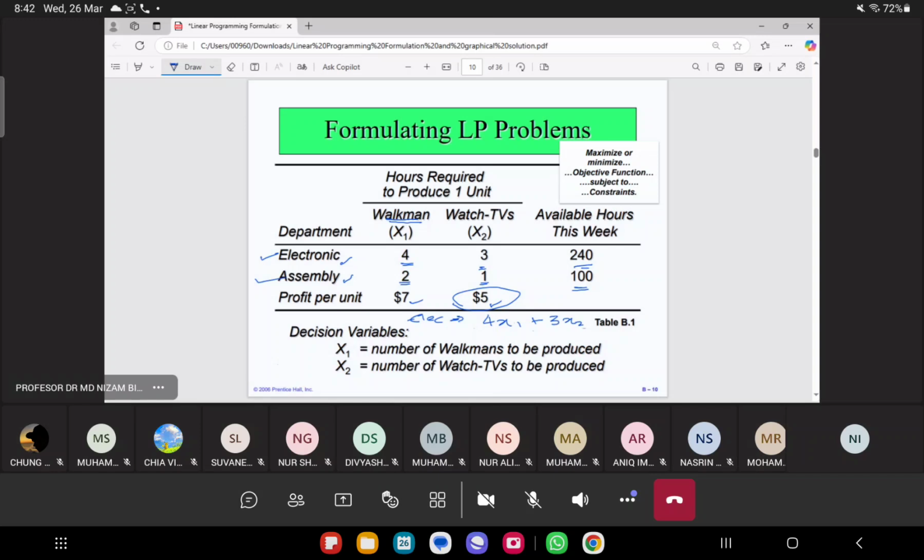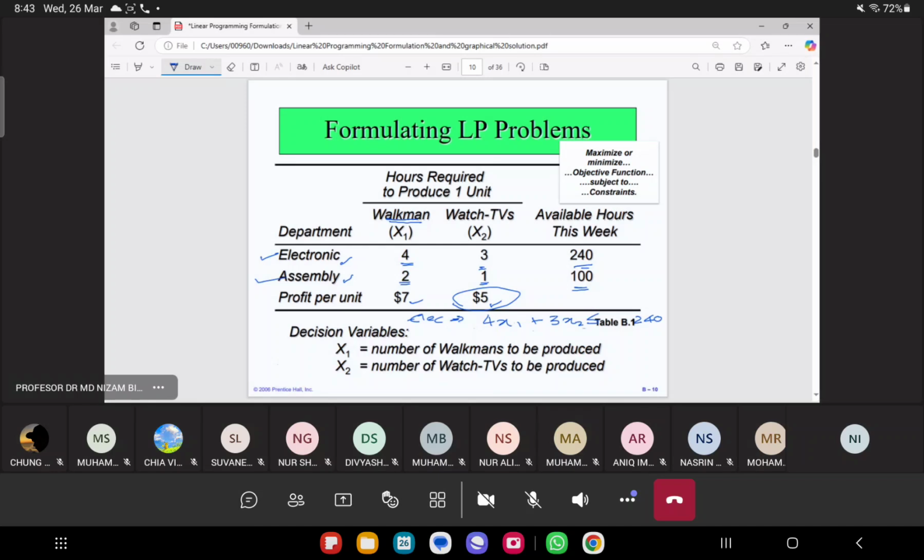If I plug in x1 and x2, then I know the total amount of time that I'm using for electronics assembly. This value, 4x1 plus 3x2, cannot exceed 240 hours because that's the available hours this week. Can it be less? Yes, it can be less, but it cannot be more. So I'm going to use the inequality less than or equal to 240. So that's the first constraint.